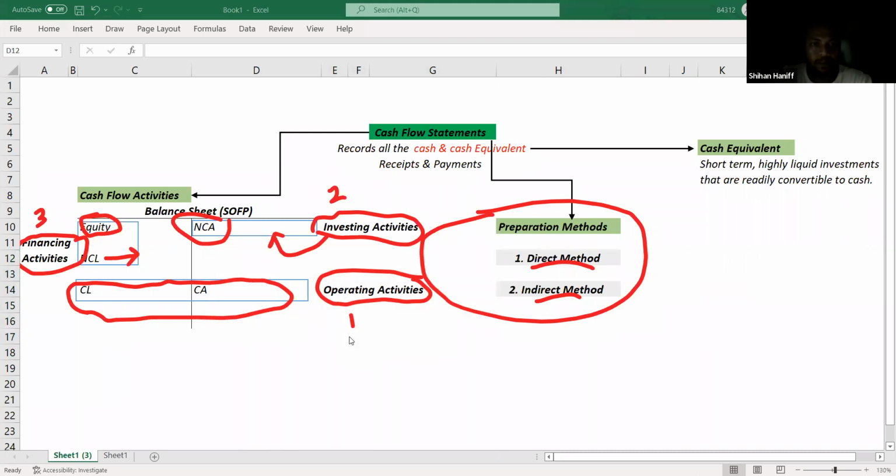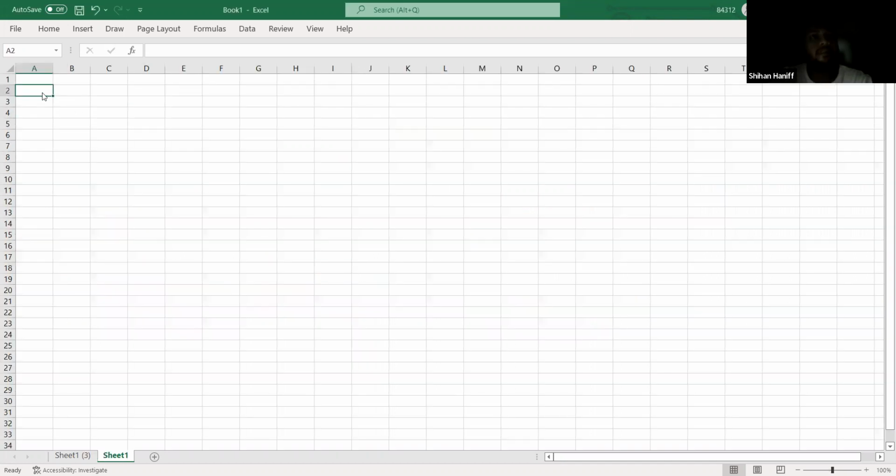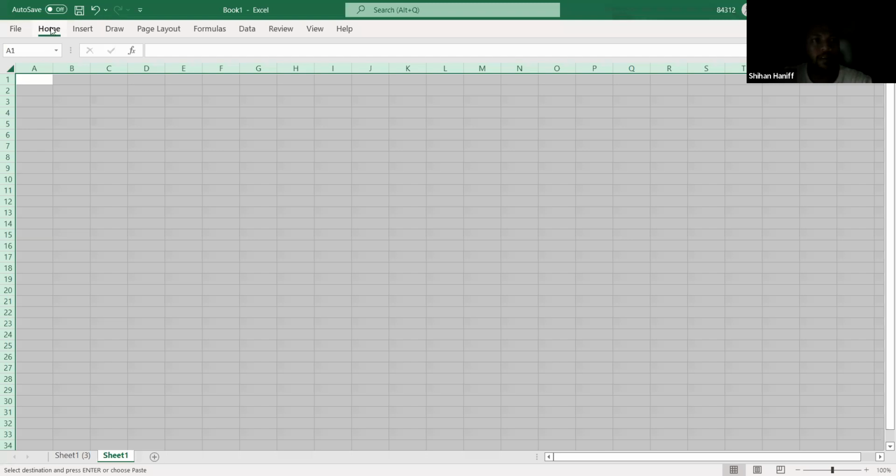So let me show the format, and after that I will explain a very basic example in both the methods. Direct method format. Now I am giving the direct method format.